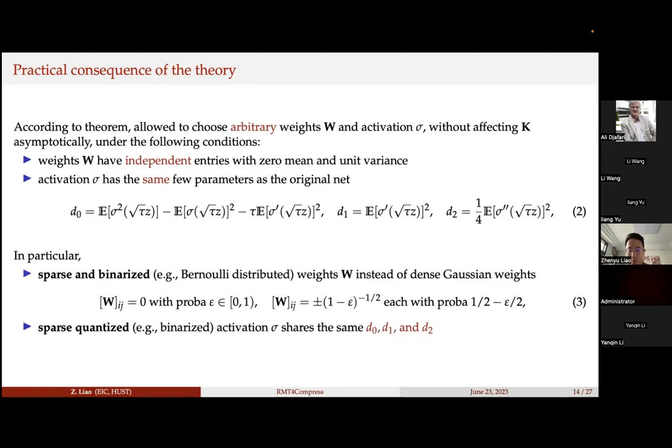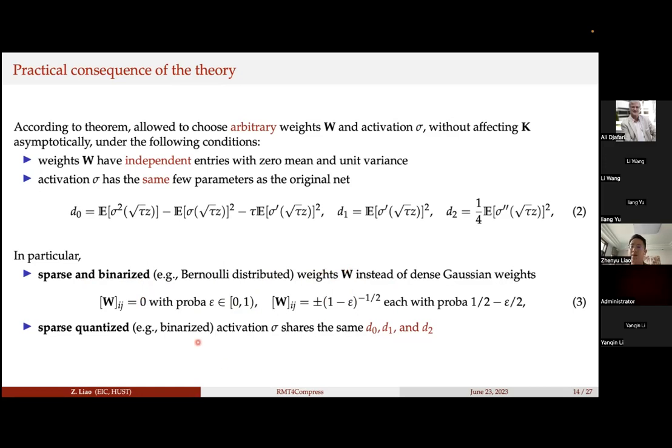Basically the algorithm looks like the following. For a given neural network, we tweak the random weights according to the sparse and binarized weights.